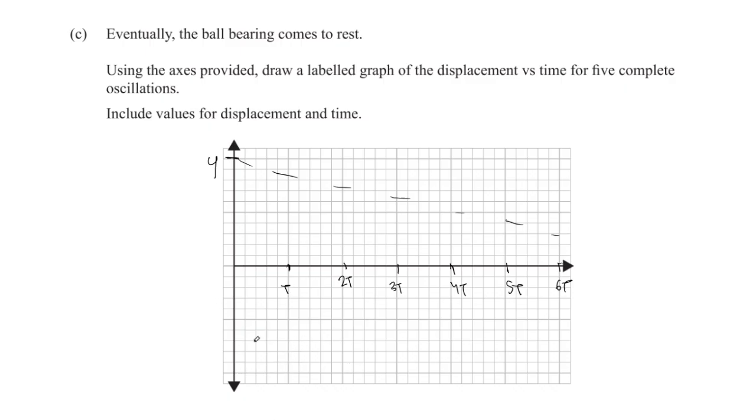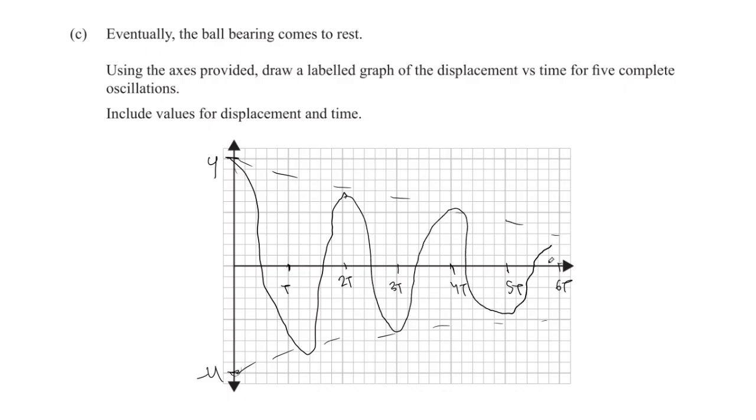So, negative 4. And so we draw a cosine graph, right? So it kind of looks like this, and this, and that.